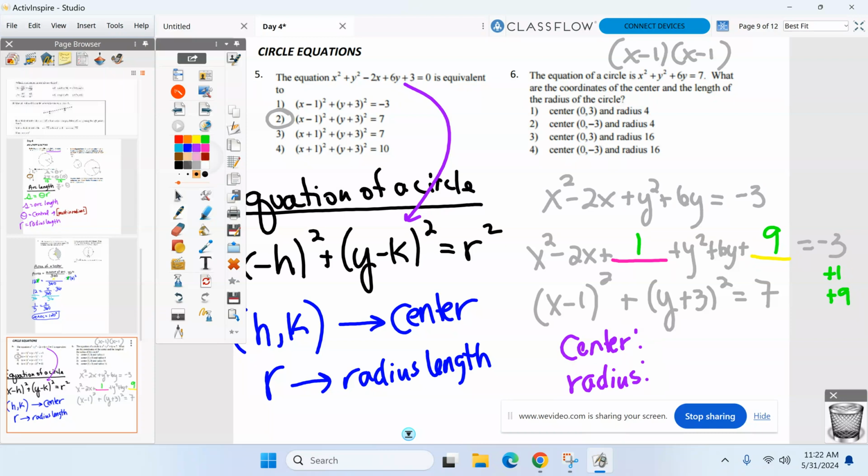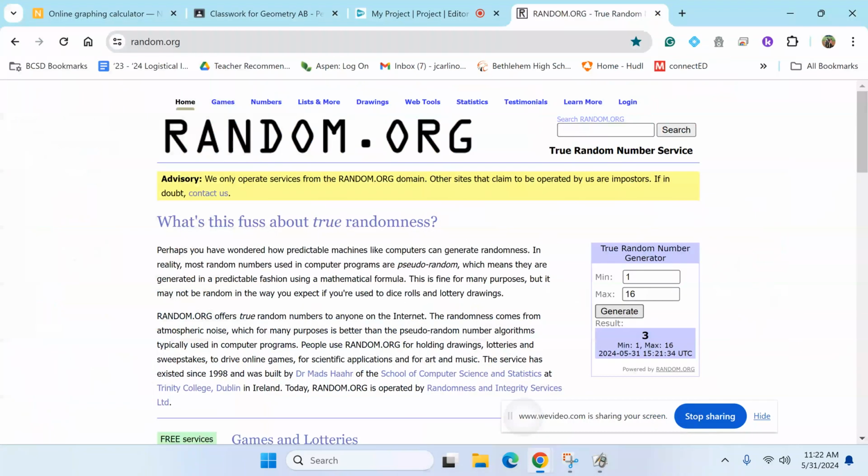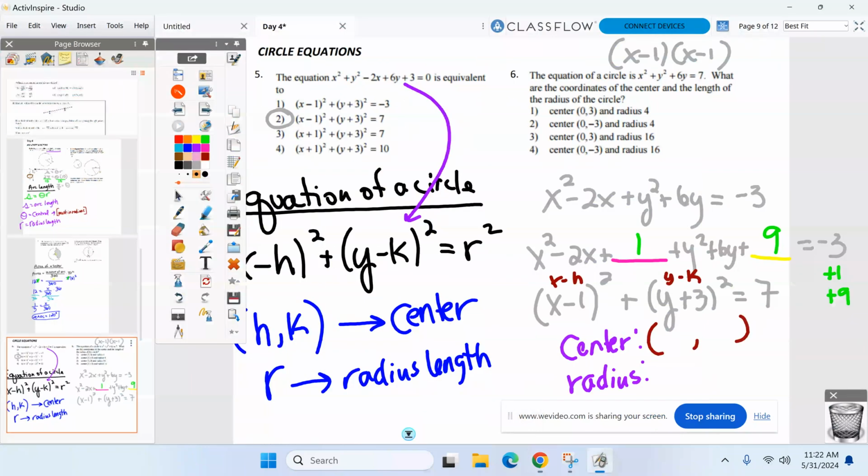Just a reminder, it's x minus h and y minus k. Be careful. Charlie? 1, -3. Nope, that wasn't the full answer, it's only a half answer.